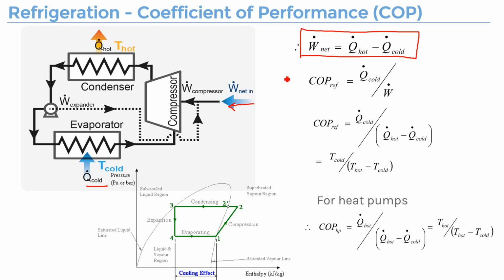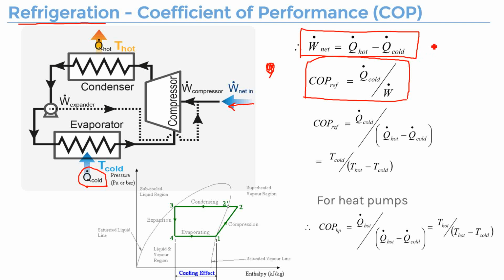Similarly to how efficiency is defined, we want to know the output relative to the input. Because it's a refrigeration cycle, we want to know how much cooling power this cycle could provide compared to the work input. So you just use Q cold divided by the work input. That is the definition of coefficient of performance.